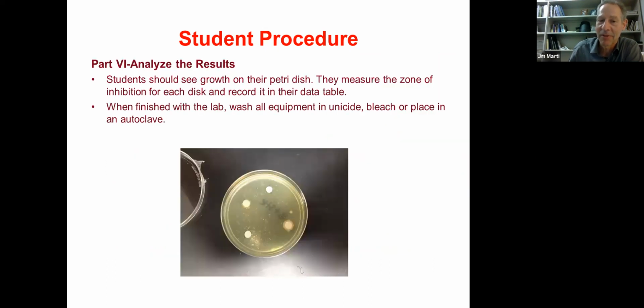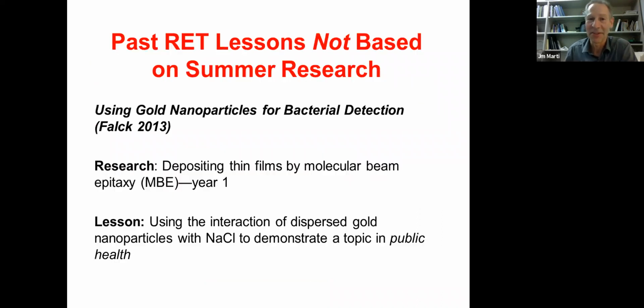And then at the end they had a petri dish, a culture dish that you could use to evaluate the efficacy of the antibiotic effect. In this case, they're measuring the zone of inhibition for the E. coli to grow around each disc. So a very interesting and sophisticated lab, but not related at all to the summer research project.